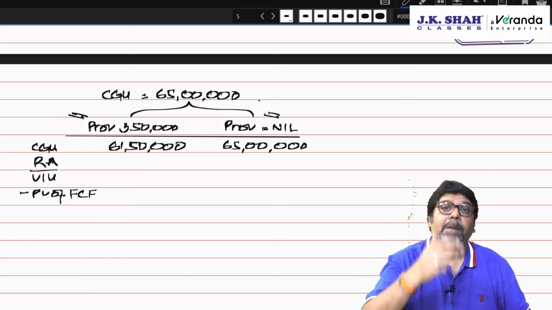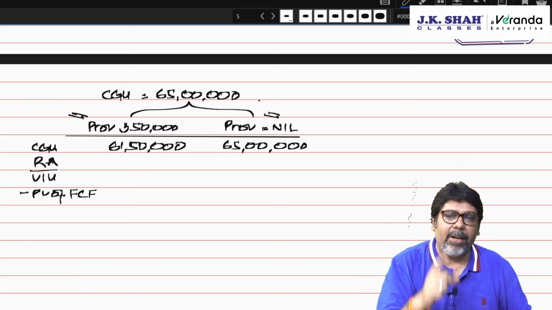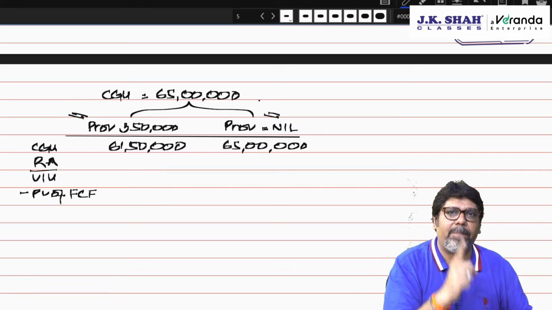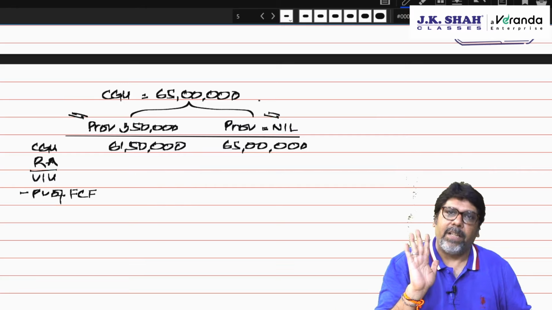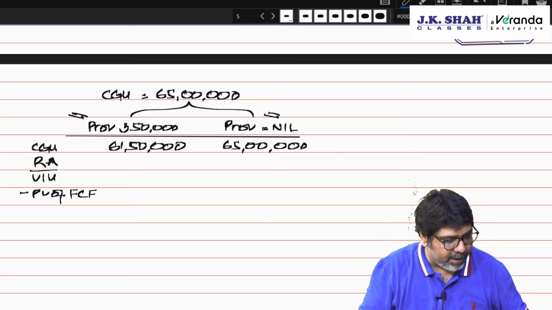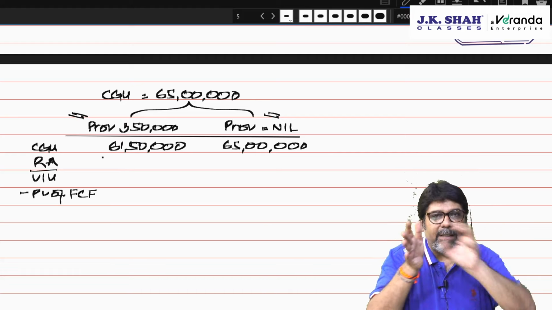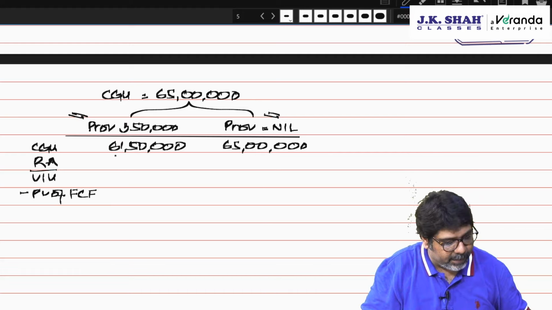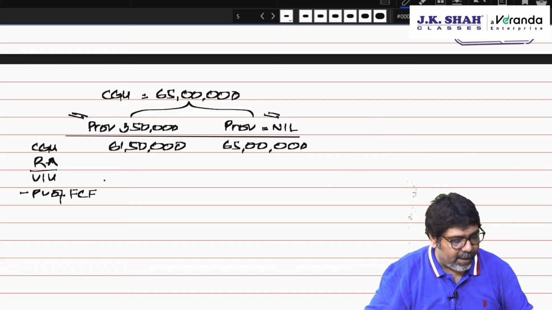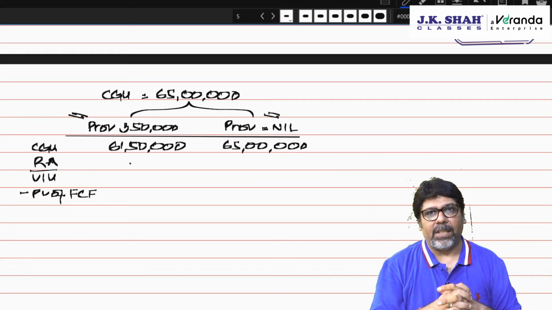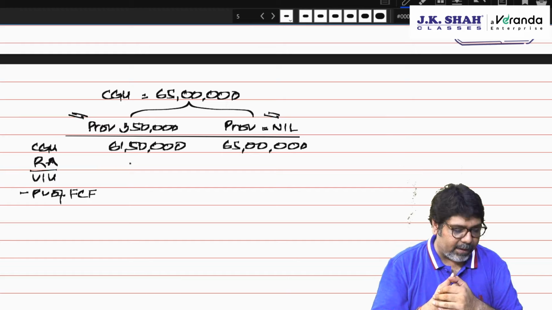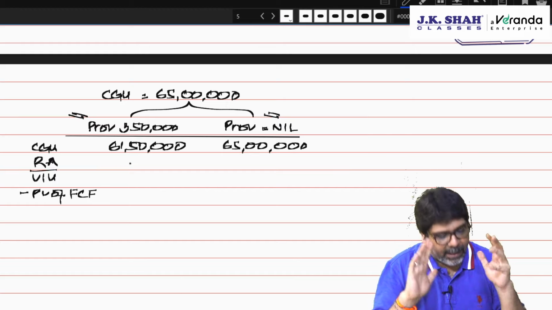Because provision can be created on restructuring only if they have planned it. It has been announced that they are going for restructuring, so they would have created a provision. Therefore, net CGU asset minus the provision liability would be 61,50,000. And if they are not planning the restructuring, the CGU asset value is 65 lakhs because the provision they would not have created.